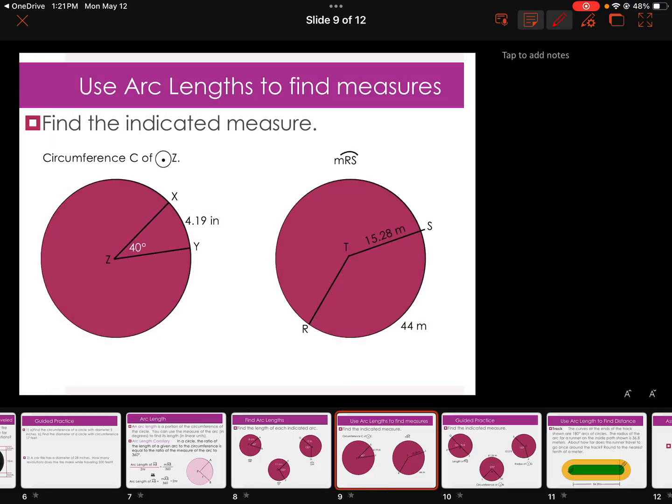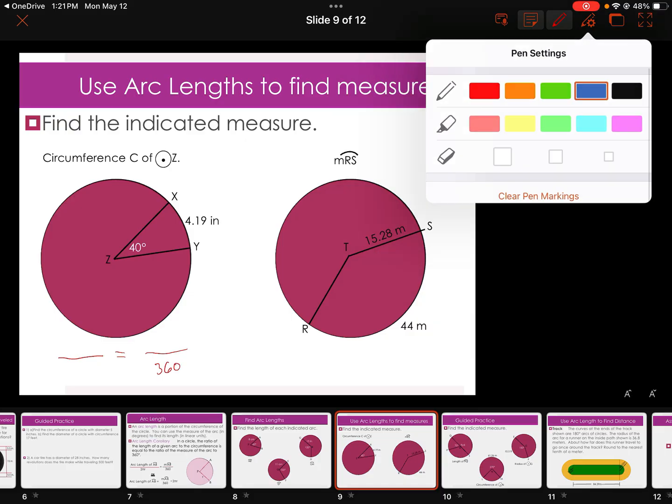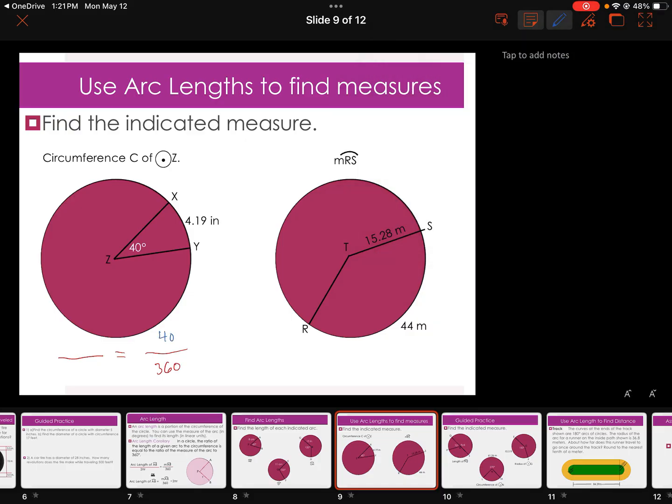Okay, now we're going to run through some other examples here where your unknown might not be the arc length. We know the measure of the arc is 40. They tell us the length of this arc is 4.19 inches. What you don't have is circumference. Okay, well, you can find it.